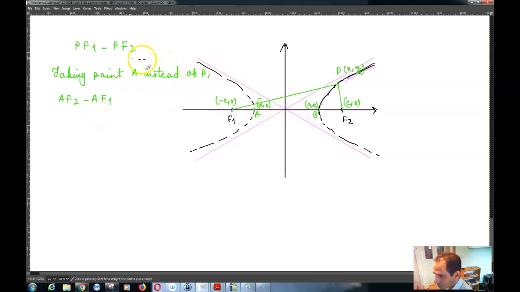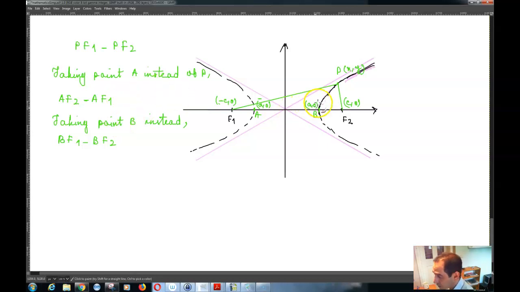I can also take this point over here. Now taking, for example, point B instead, what we will have is BF1 minus BF2.